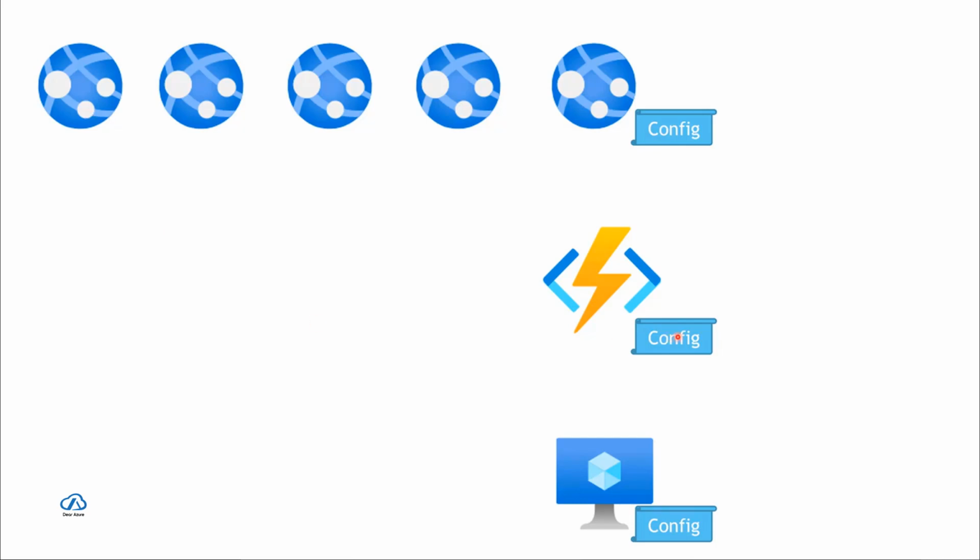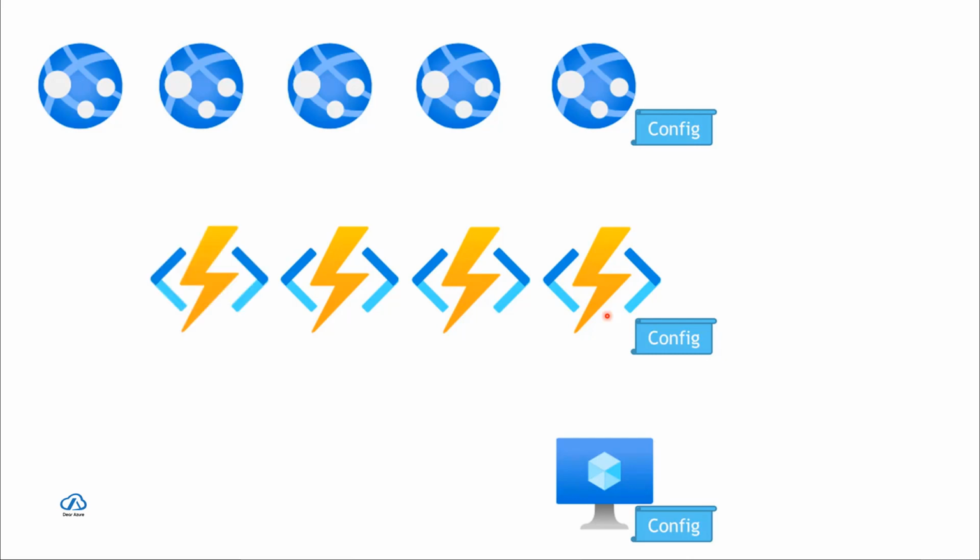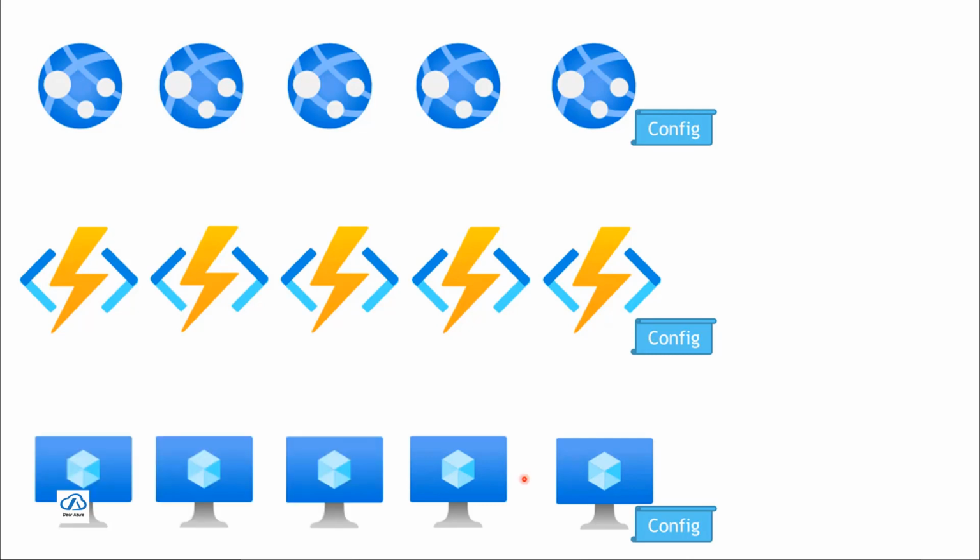And the same thing, we might have hundreds of function apps in our application, which are primarily using the same configuration, like the same database connection string or username or password. All of these function apps want to be able to access the configuration of one particular function app.